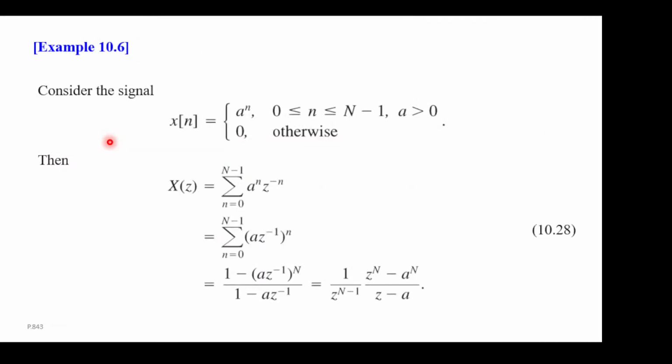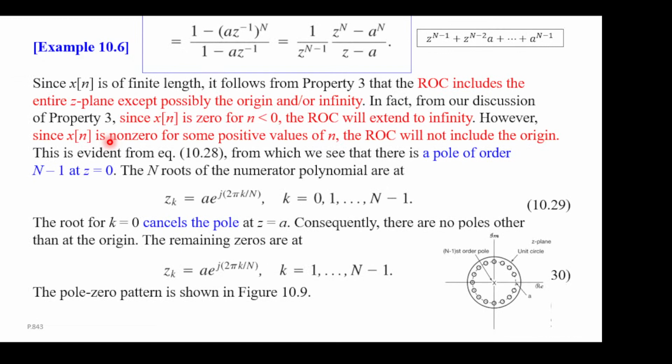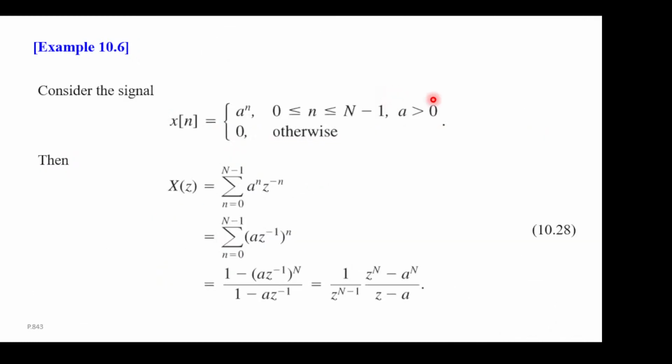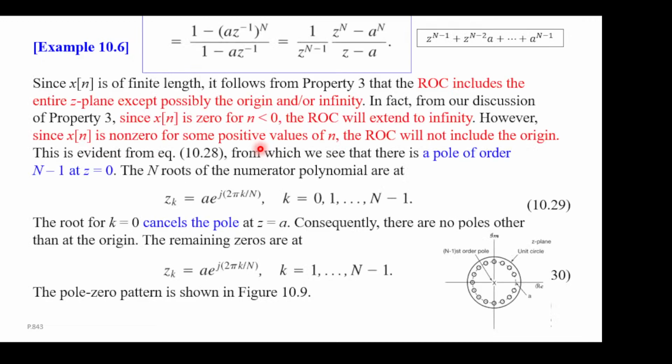And then okay, so we spent a lot of time talking about the poles and zeros, but we want to say the ROC. And as we said, it's finite duration, so the ROC should include everything except possibly 0 or infinity.